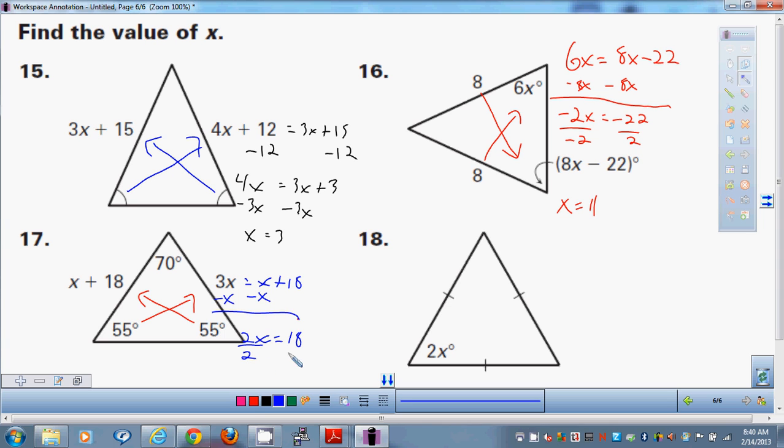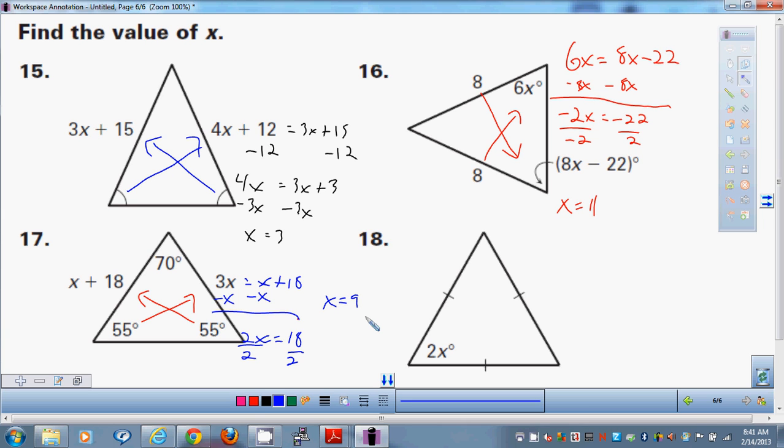Before we go on to number 18, are there questions about the first three? Elijah. Eye of the tiger on this one. 18. What do I know about that triangle? That's right. So what do I know about the angles?